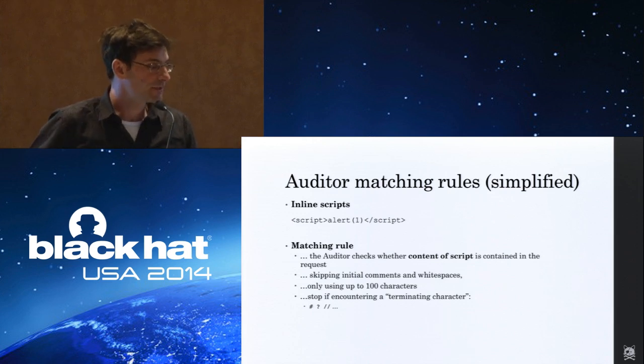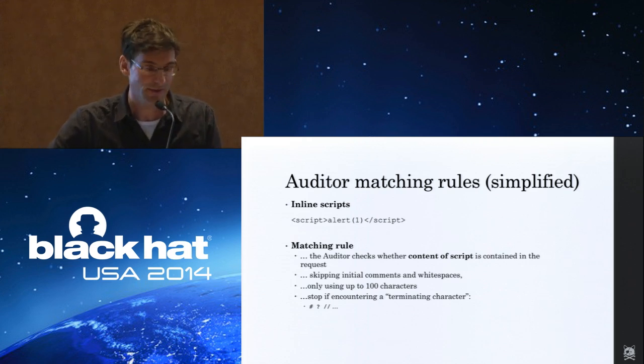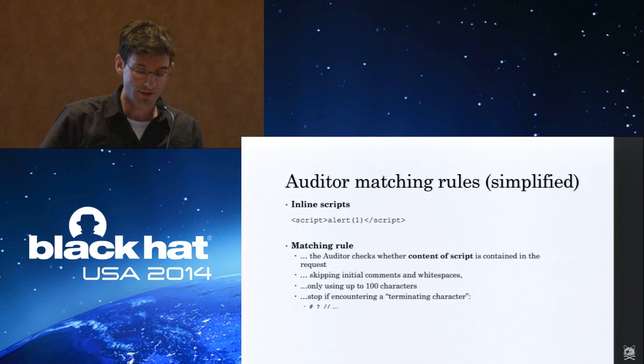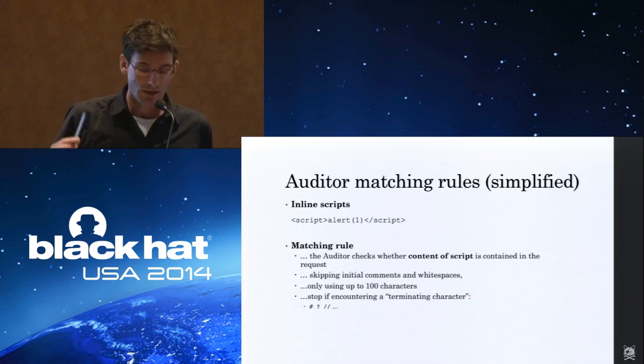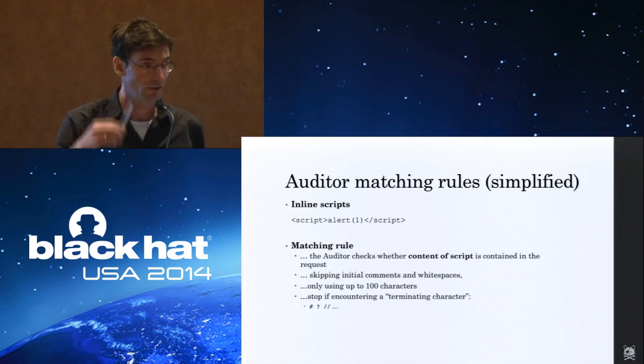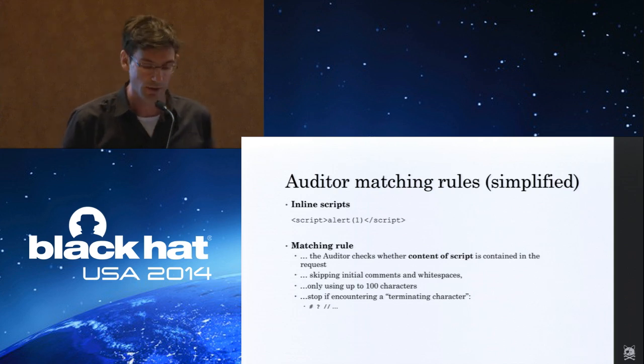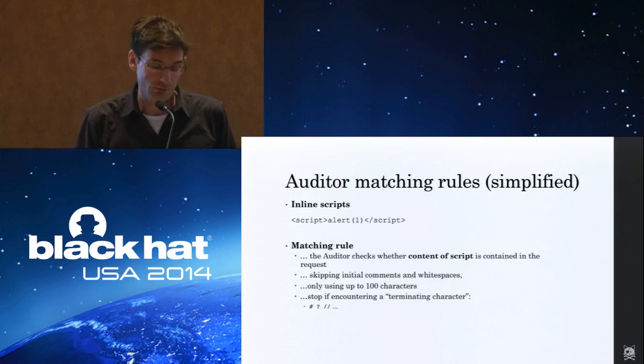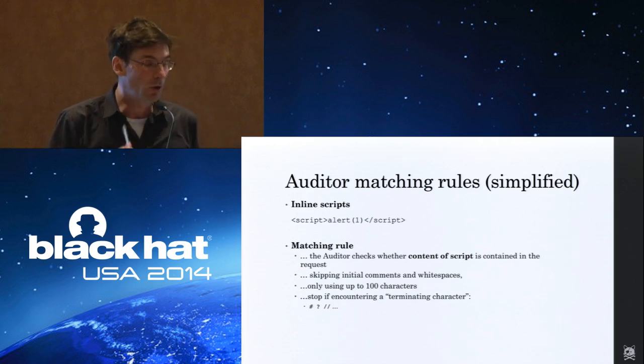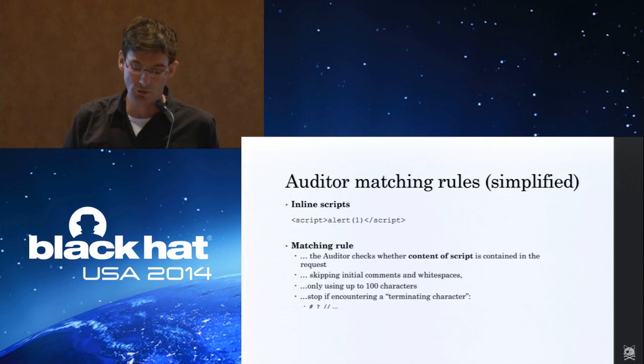If any script tag is found during the parsing process, the corresponding matching rule is that the auditor checks if the content of the script is contained in the request. So the auditor doesn't look for script tags in the request because they're mandatory for injection anyway, and only looks for the JavaScript code itself.